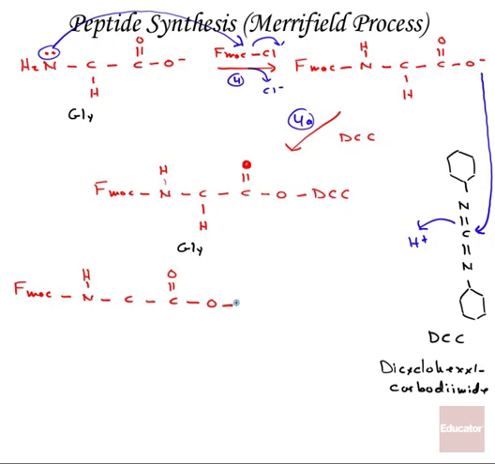This is O, this is going to be C, this is going to be N, H, cyclohexyl, this is going to be N, and this is going to be a cyclohexyl. So this DCC, that is this thing right here. That's that. So that's it.